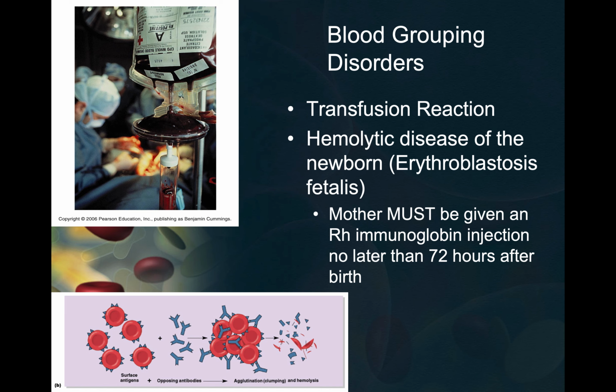So, hemolytic disease of the newborn is also known as erythroblastosis fetalis. And basically what happens is the mother's antibodies attack the baby. And this happens if mom is pregnant and she is a negative blood type. For example, my mom was O negative. I am A positive, and as I was born, at some point there was mixing of my blood and her blood.